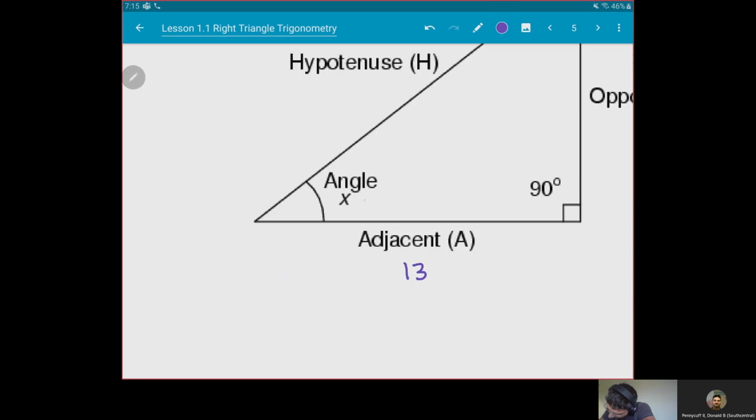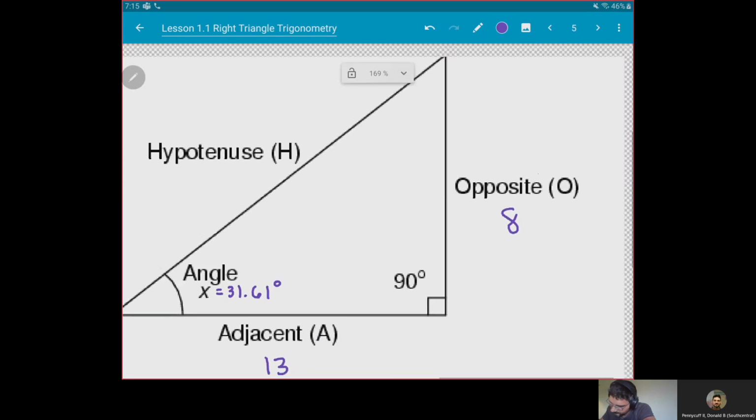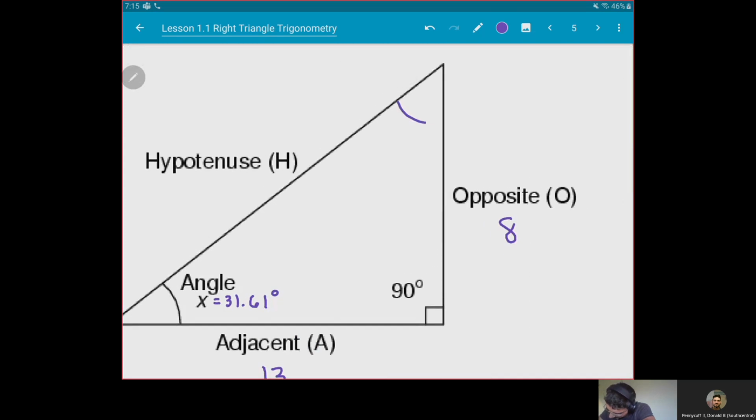Now keep in mind what I've just found. I've just found this part right here. If you want to find this top angle up here, it'll be 90 minus 31.61, which equals 58.39 degrees.